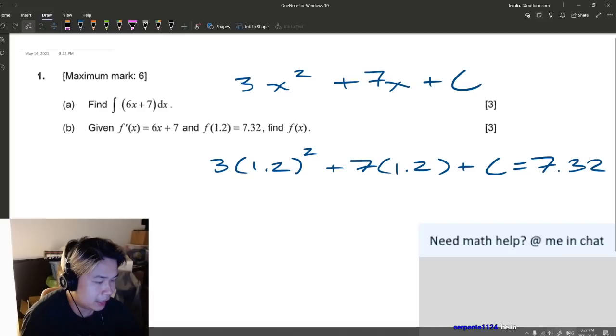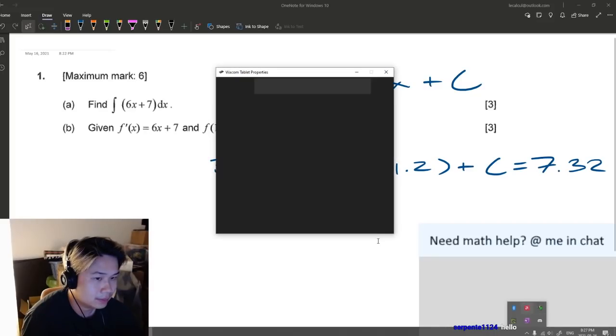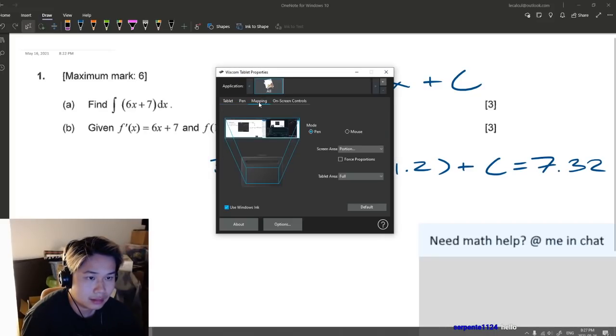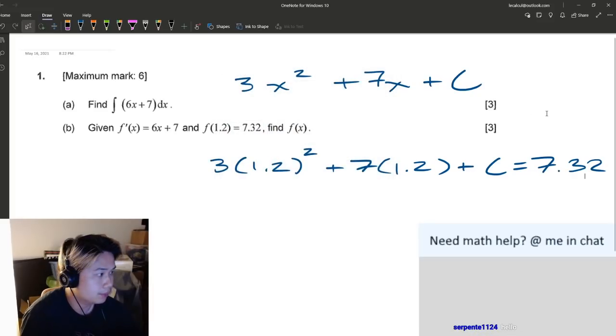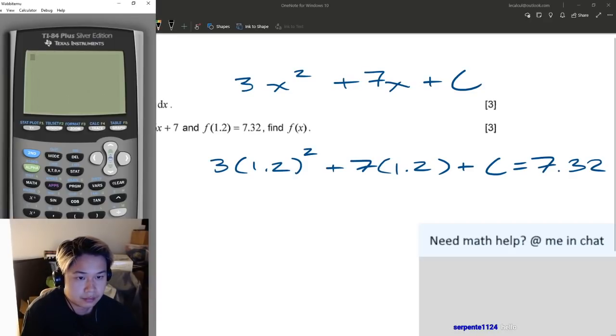My tablet is being calibrated kind of weird. I don't know if you guys can tell, but I'm writing kind of wide. Aha, okay, there we go. So 3 times 1.2 squared plus 7 times 1.2 is going to be 12.72.